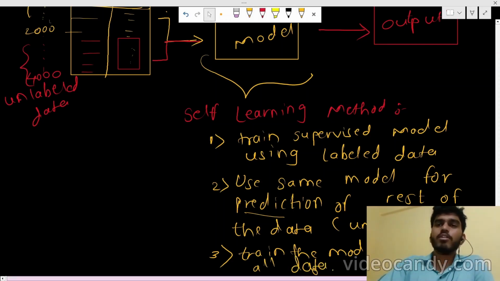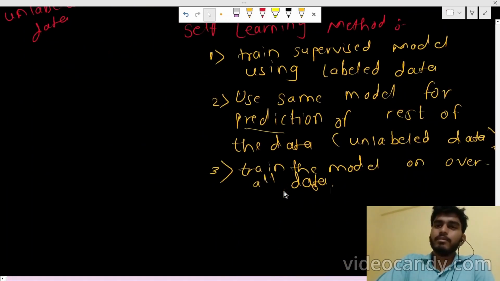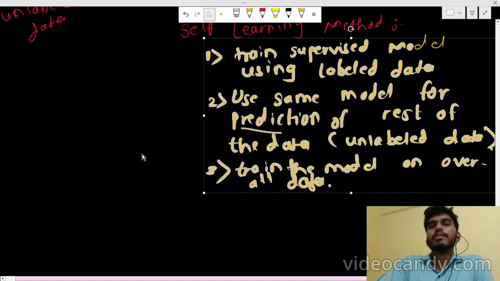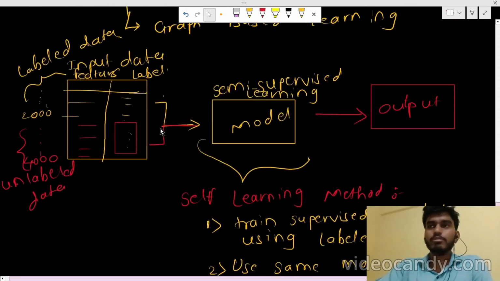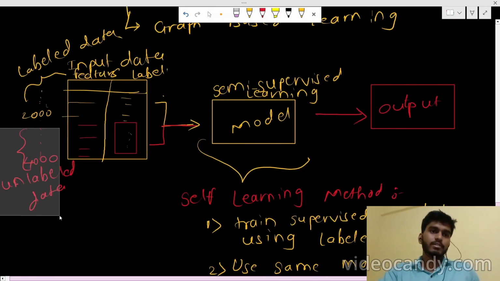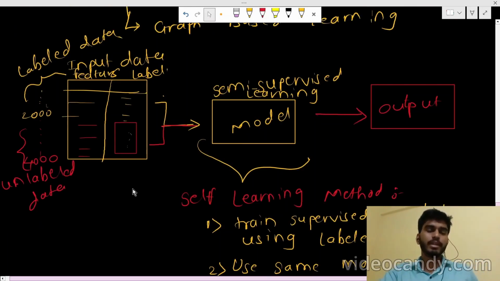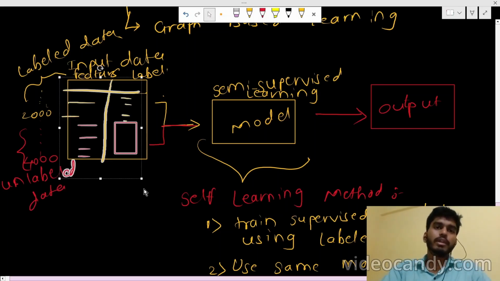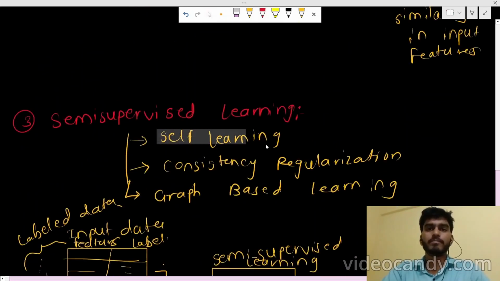So this is called self-learning. By the way, this is very simple. You are just training a supervised model, then using the same model to predict for these 4,000 unlabeled data points. And then once you get the predicted labels for unlabeled data, you will train your model on whole data. And this is called self-learning.